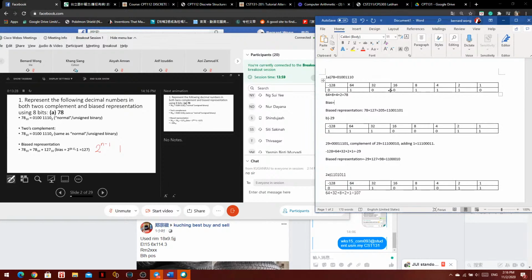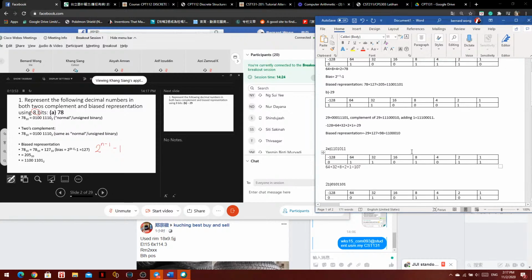Here it is 8 bits, so you get 127. Then 78 plus 127 is equal to 205. Then you need to convert 205 into binary, so this will be 11001101. This is how to calculate the bias representation in 8 bits.